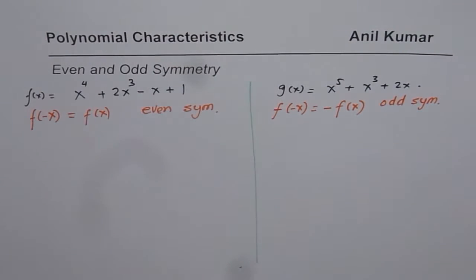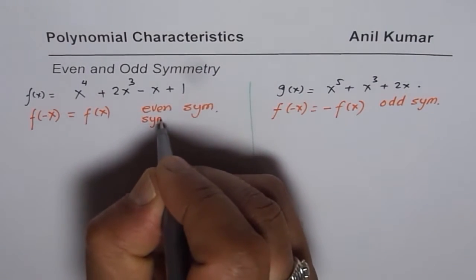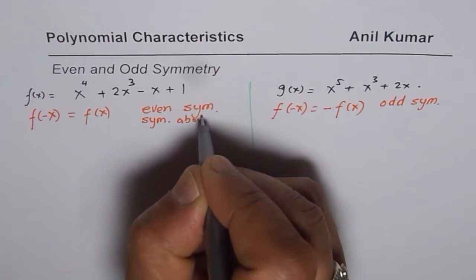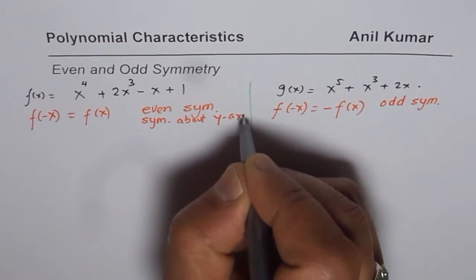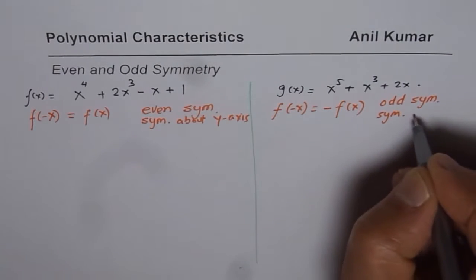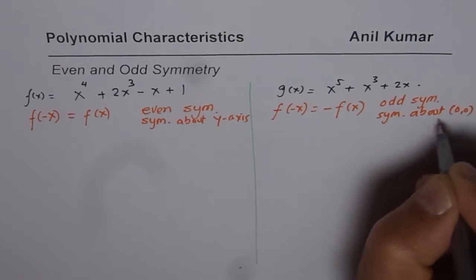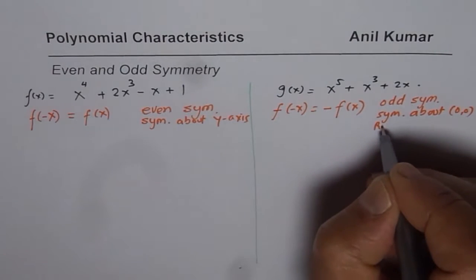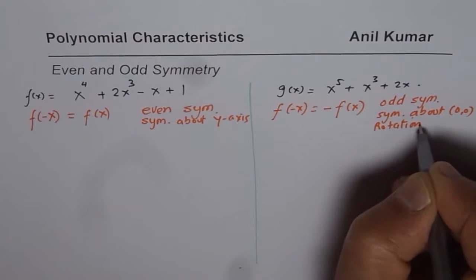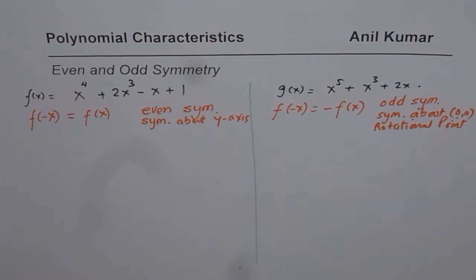When you sketch a graph, even symmetry polynomials will be symmetric about the y-axis, and the odd ones are symmetric about the origin, (0, 0). It has a rotational point symmetry, and the point is the origin always. Okay, that is how it is.